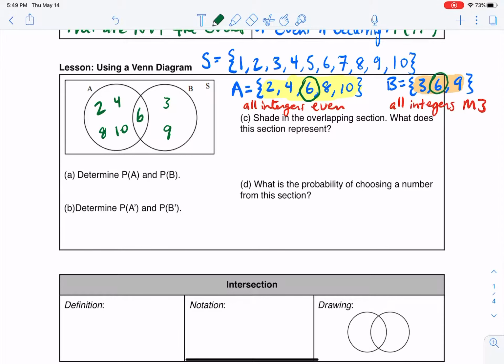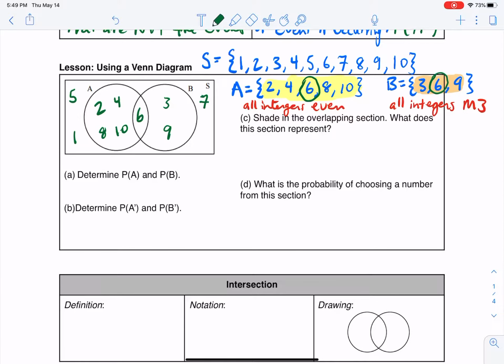Now, we need to account for everything else that is not included here. That would be the number 1, the number 5, and the number 7. And that's all, right? Let's make sure we've included everything between 1 and 10. And we have.